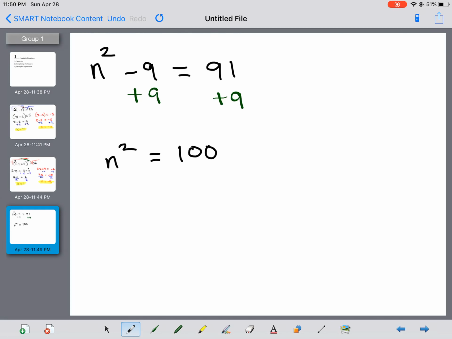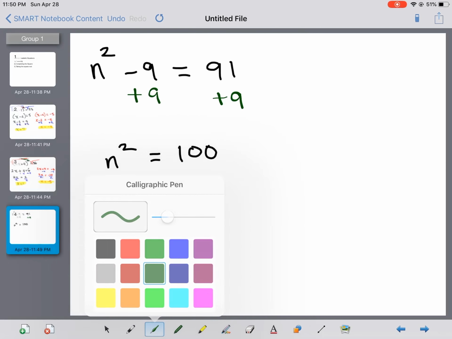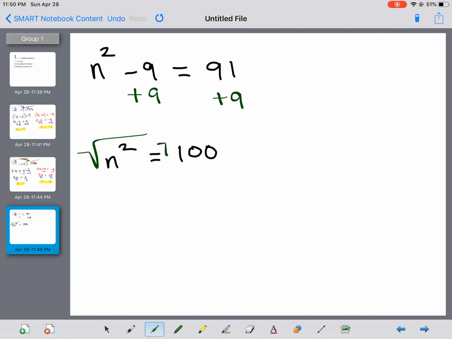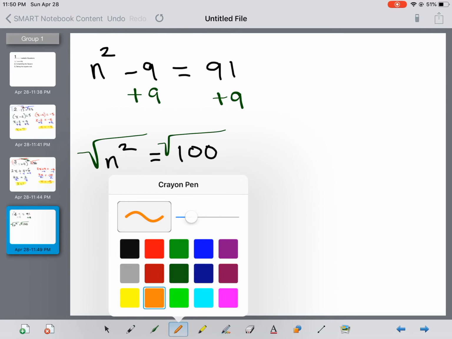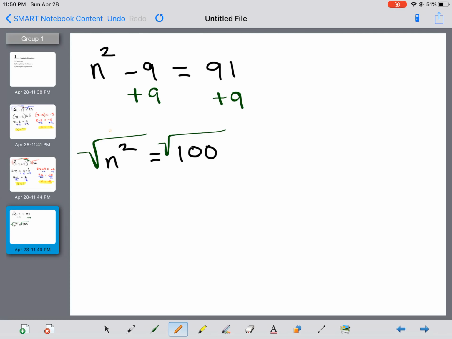So we have n squared alone, which means at this point we can take the square root of both sides. And the square root of n squared, right, the exponent and the square root undo each other. They're opposite operations, so that leaves us with n equals the square root of 100, which is 10.